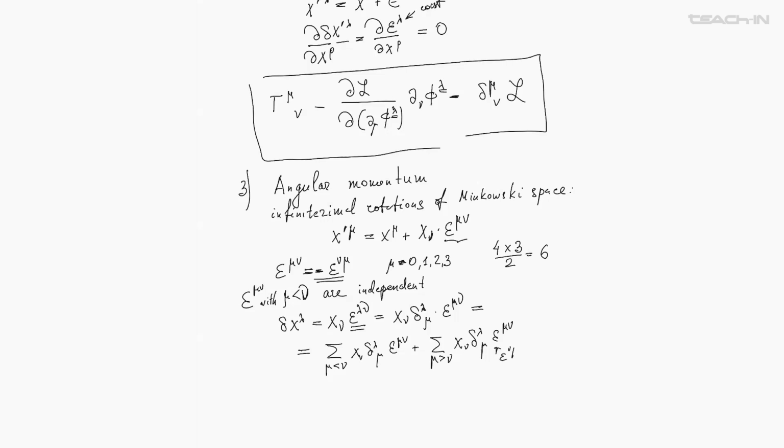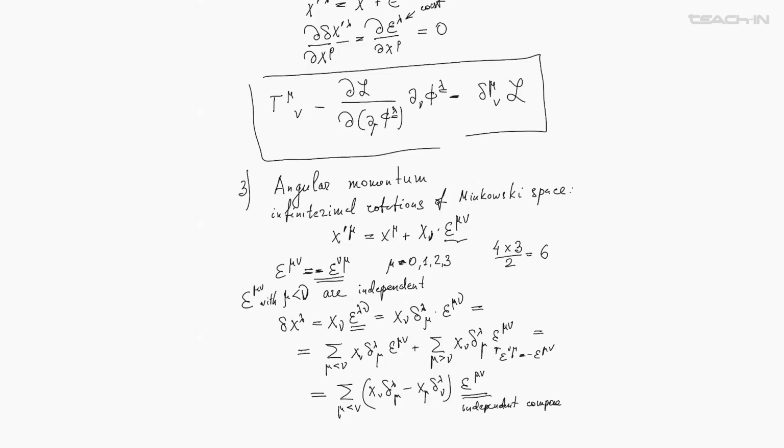And therefore, the formula can be written in the following way. Sum over μ less than ν, (x^ν δ^λ_μ minus x^μ δ^λ_ν) multiplied by ε^μν, and the sum now goes over independent components. So now we know this response.